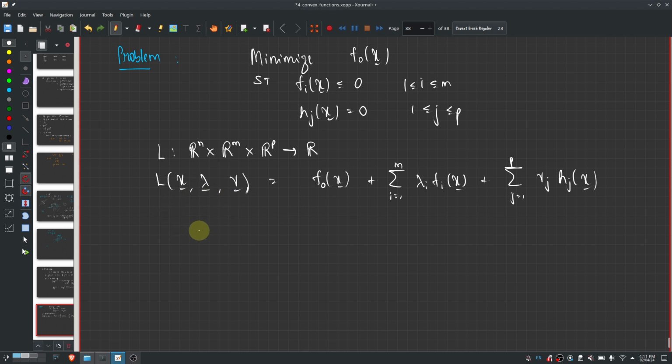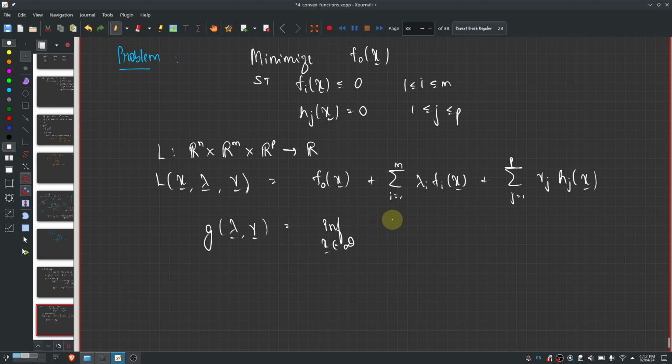And from this we defined the Lagrange dual function, which is obtained by minimizing out x over all possible x in the domain. Not just over x that satisfy these constraints, but over wherever x is defined. So this is equal to the infimum over all x in the domain. This domain is essentially the region where f0, fi, and hj are defined, not necessarily where fi is less than or equal to 0 or hj is equal to 0.